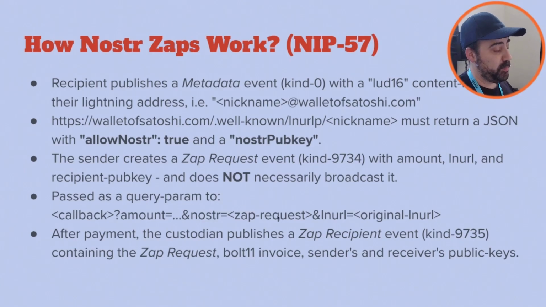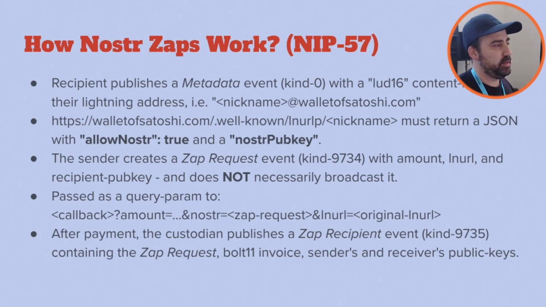And after payment, the custodian publishes with the custodian's private key an event called zap receipt, which is a kind 9735, which contains the zap request inside it. And this is what you see as a zap, actually.